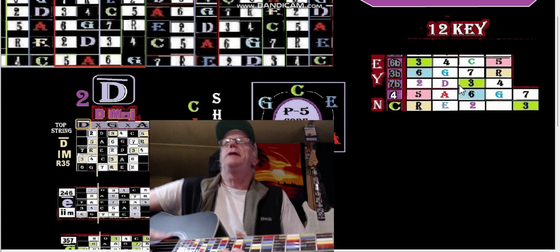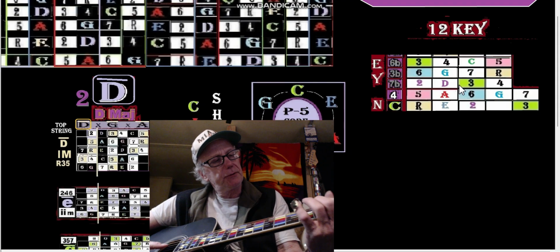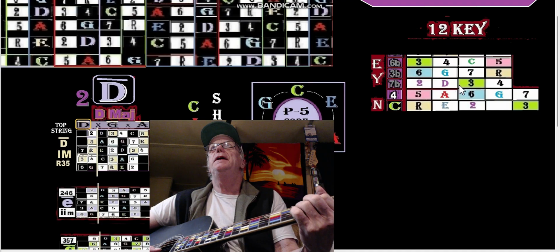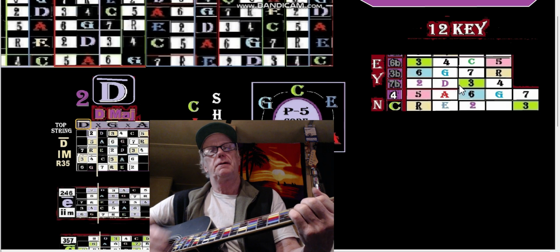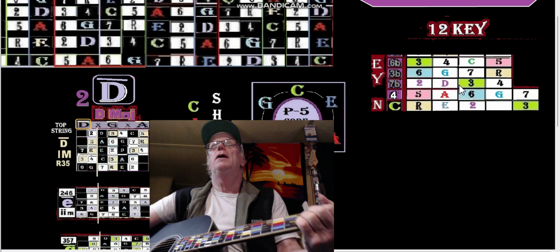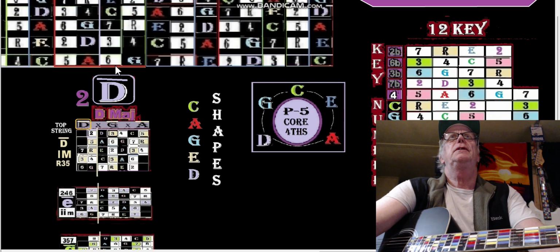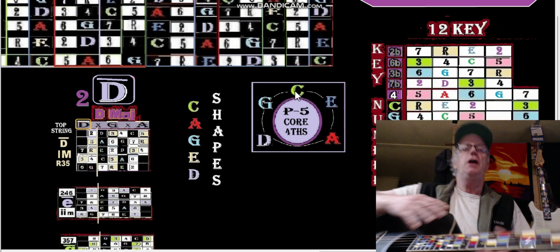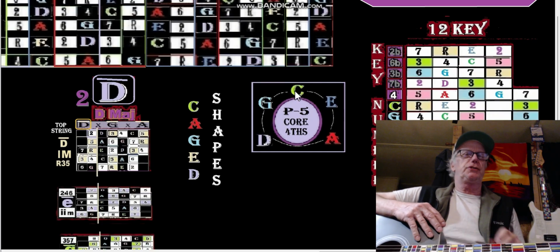Okay, so we have root, 5, then up to 3 here, and then root and 5. All right, that's the name of that tune. Okay, so let's realize that P5 also has this relationship maintained, because the subject of this lesson really is true CAGED.